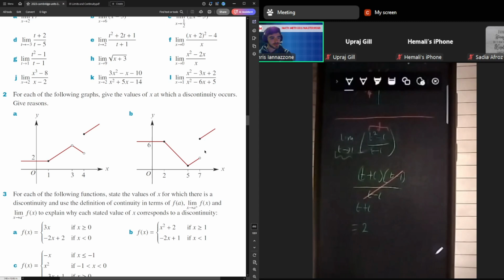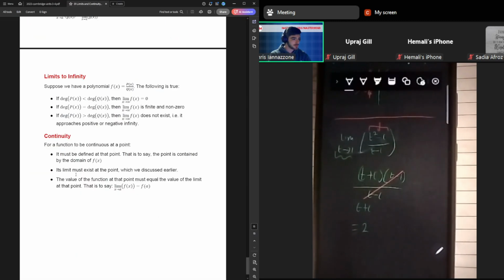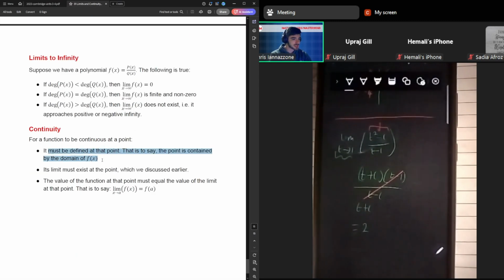I'll say that as a hint. Maybe we'll even go down the list. So, first one, is it defined at a spot? That's what we were talking about earlier.